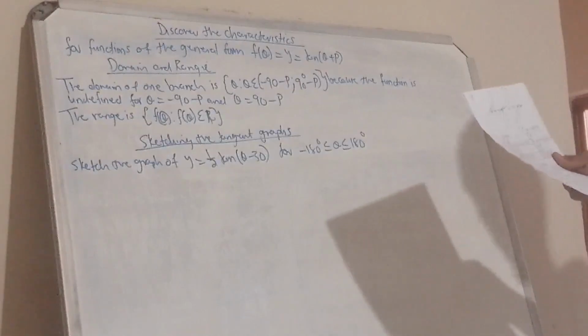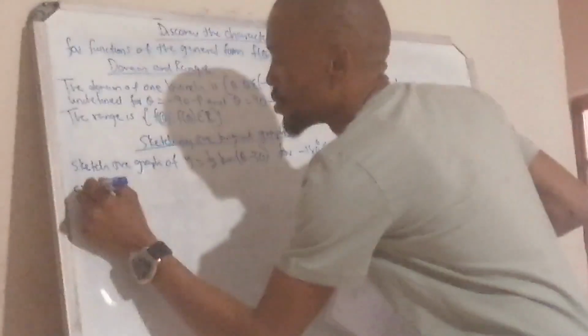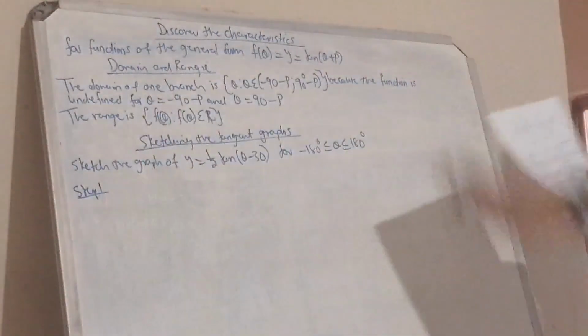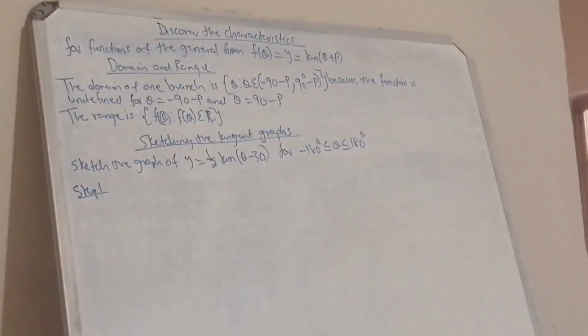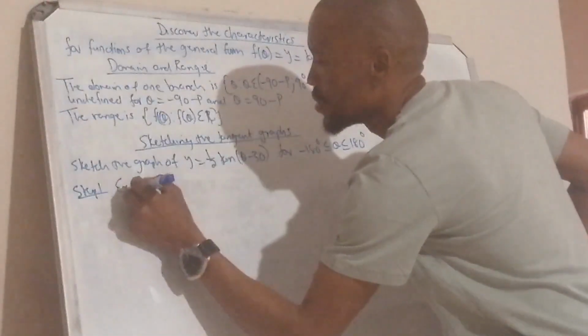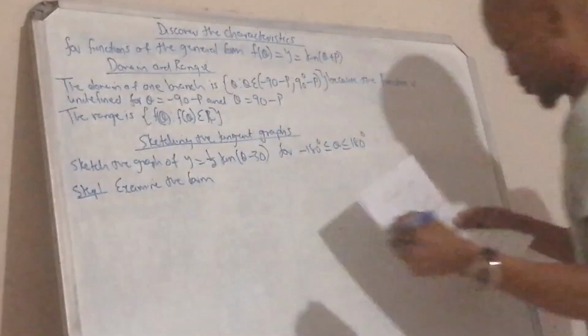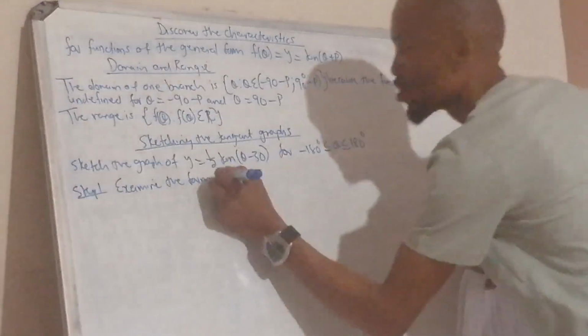Now, I'm going to step through it. Step 1: we must examine the form of the equation that is provided.